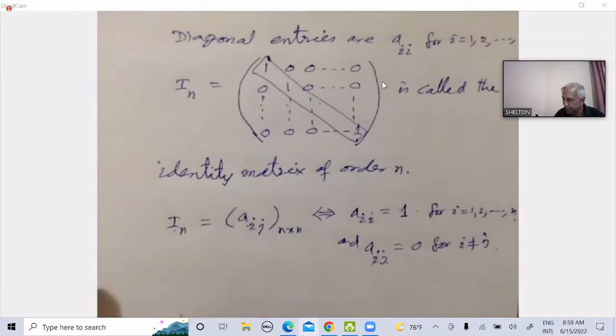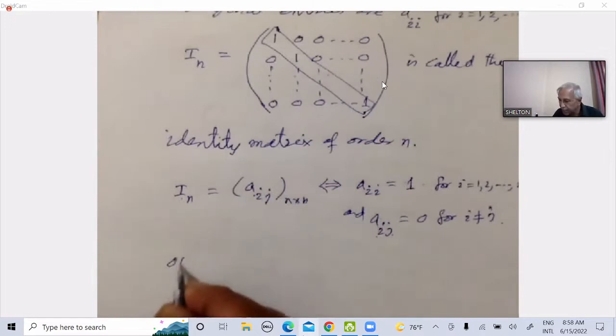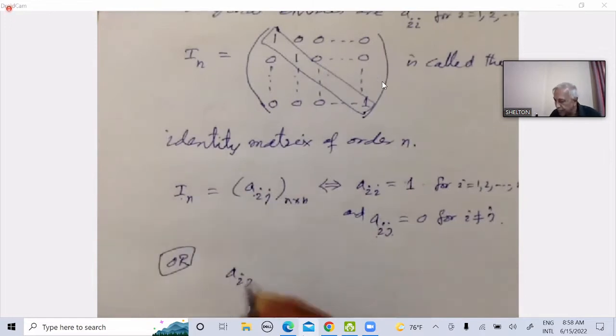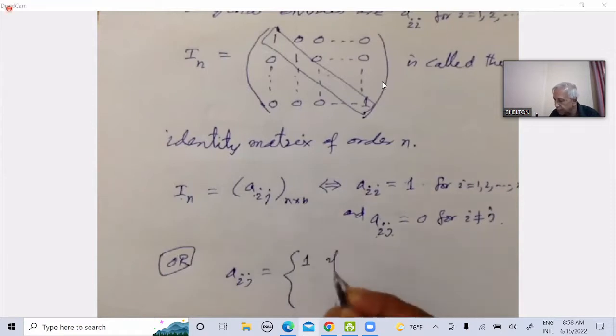Or we can say A_ij is defined this way: 1 if i is equal to j.